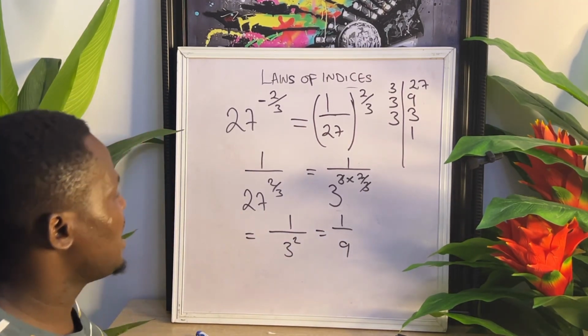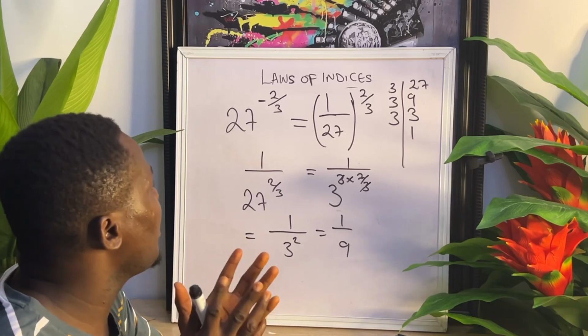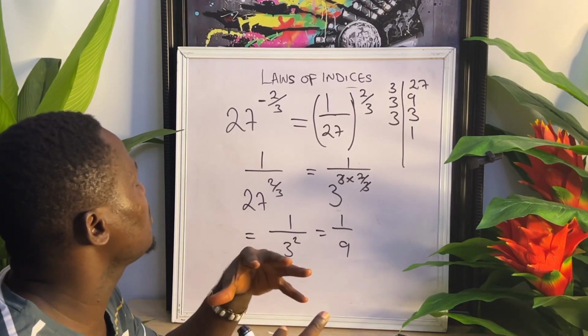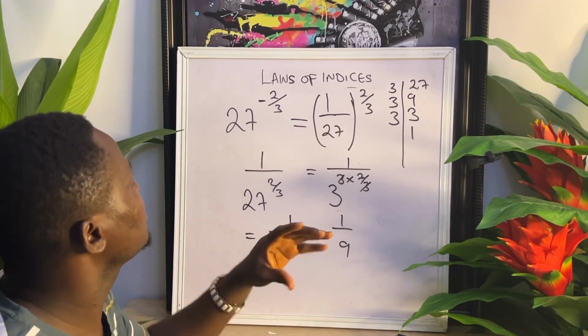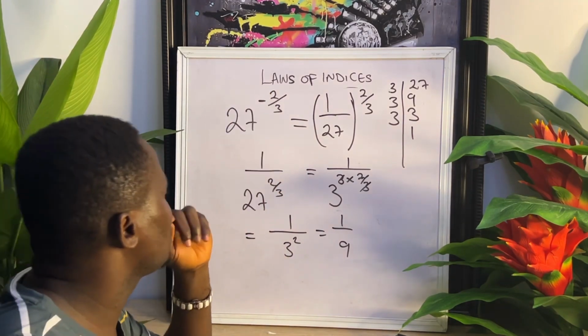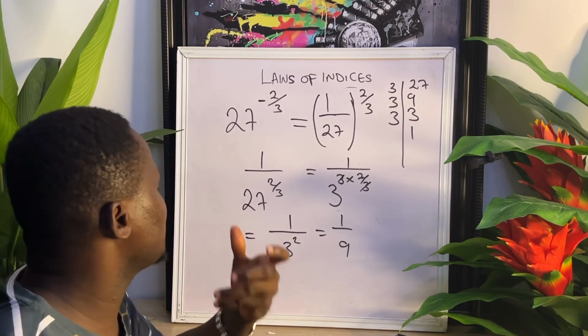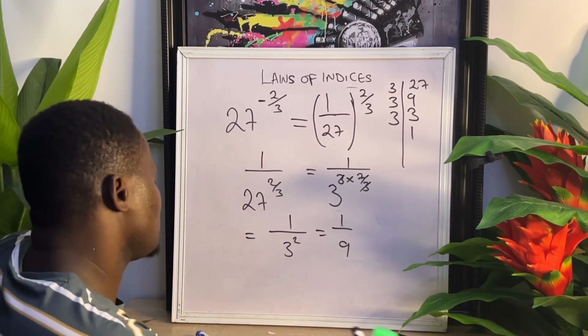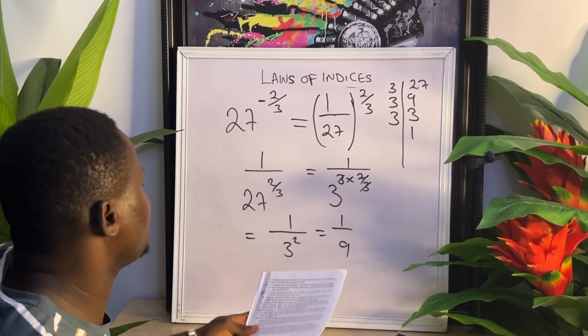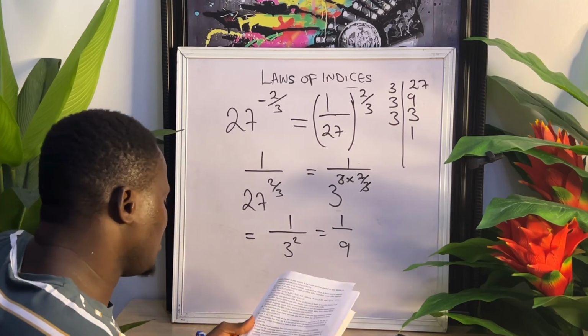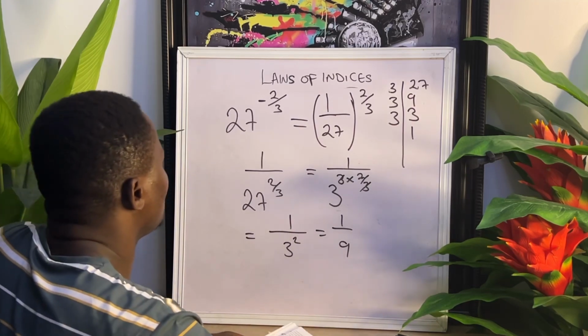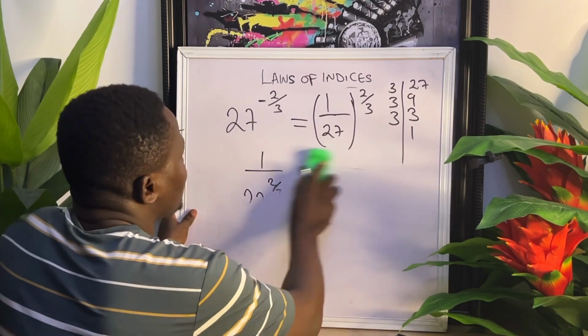Then, at this juncture, having explored and exploited all the laws of indices, it is right for us to take questions that border on them. So we quickly look at questions on law of indices.